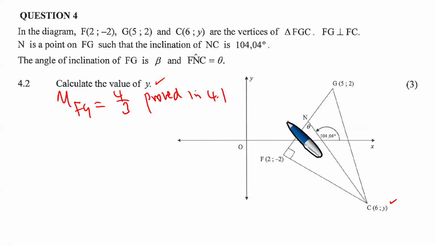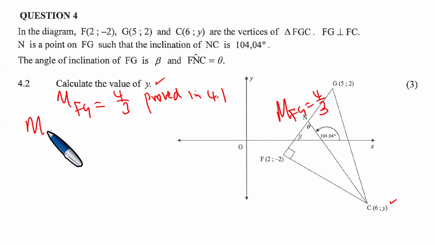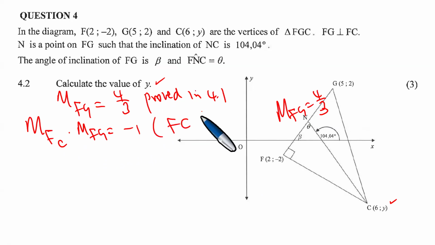Then you'd have the gradient of FC. The gradient of FC times the gradient of FG is -1, because FC is perpendicular to FG.